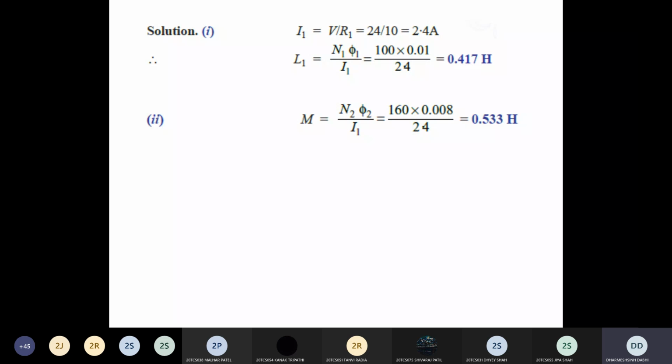But here again L2 is an unknown quantity, so you cannot apply that equation. So how to find out K? Another way: phi 1 2 by phi 1. Here what is phi 1 2? That is nothing but phi 2. Clear?